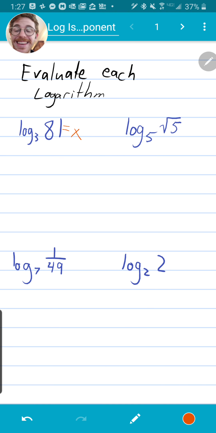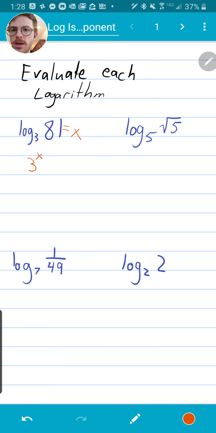Log base 3. Remember base? Every exponent has a base. A log is an exponent. The base is 3. Is means equals. A log equals x. So that means x is the exponent.